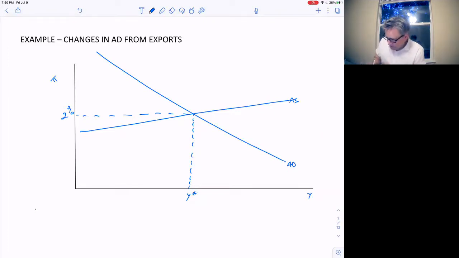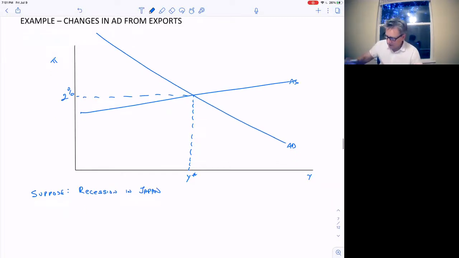And let's suppose there's a recession in Japan. Japanese buy less American goods. Our aggregate demand curve here is C plus I plus G plus net exports, X minus M. So exports in the US fall. We don't export as much to Japan anymore.